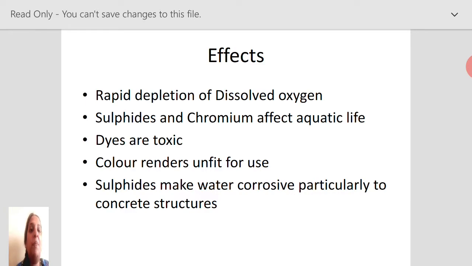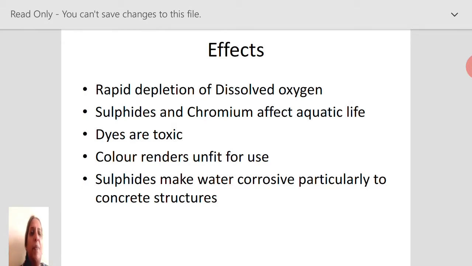And apart from that, the sulfides and chromium present in this textile effluent will also affect the aquatic life. And if the dyes are disposed of, they are toxic, and they will render the entire stream unfit for use, not only in terms of color but also in terms of usage, and it causes the killing of aquatic life and other organisms.